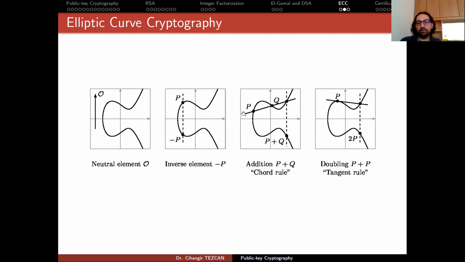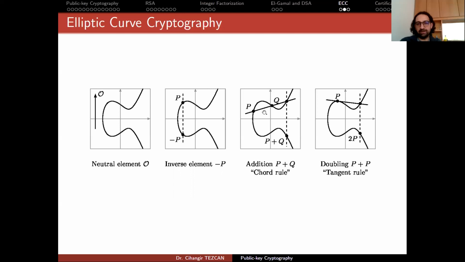When you draw that line, due to the equation of the elliptic curve, it has to intersect the curve at a third point. When you find that point, take the inverse of it with respect to the x coordinate. Just take the mirror of it, and we define it as P plus Q. This is a very strange way of defining an addition operation.